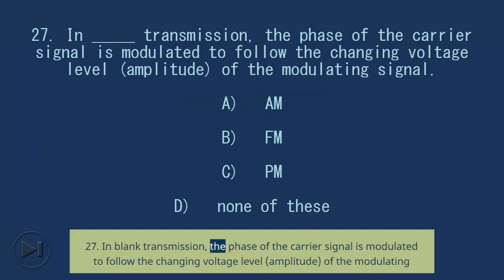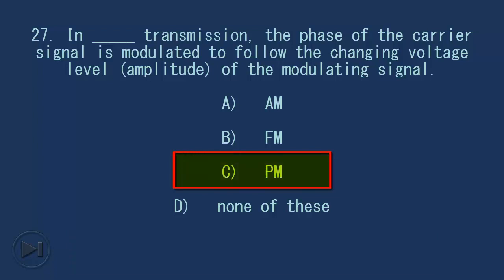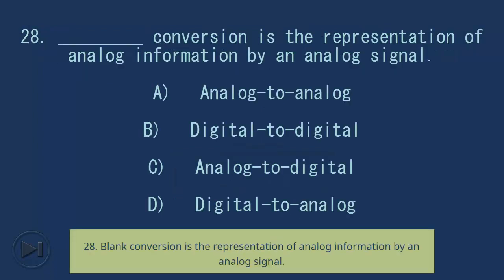27. In blank transmission, the phase of the carrier signal is modulated to follow the changing voltage level, amplitude, of the modulating signal. A. AM. B. FM. C. PM. D. None of these. Answer, C. PM. 28.